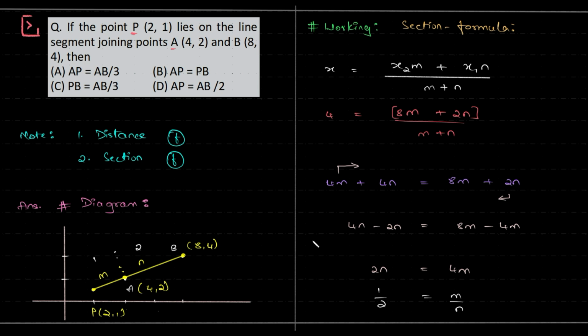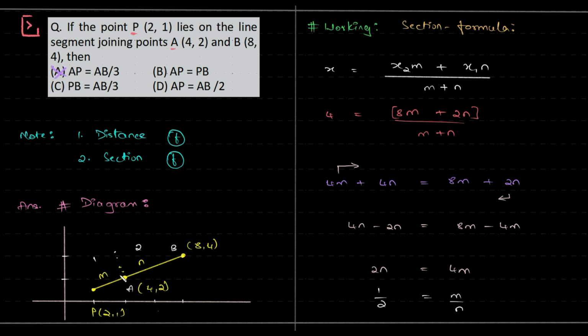Since it's an MCQ question, we can just draw the diagram and figure out the answer. Like here, AP is 2AB by 3, clearly not. You don't need to do this for an MCQ question, because from the diagram you'll be able to tell this directly. Coming back, let's see if the options are obvious. If not obvious, then you have to do the calculation. AP is AB by 3, clearly not, because AP is smaller.